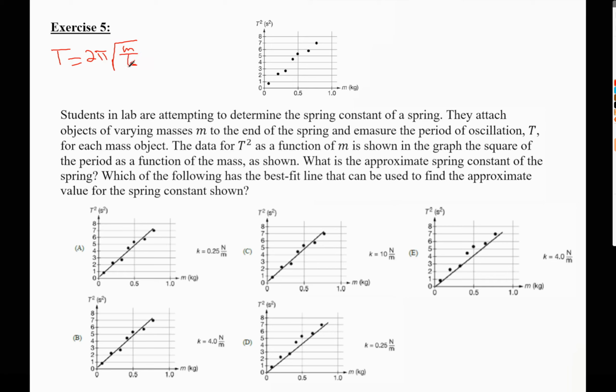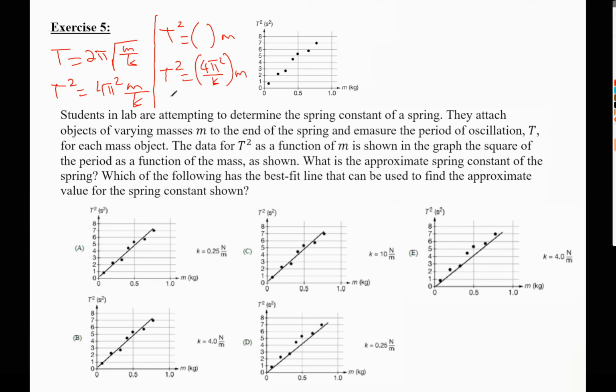Then let's convert the format of this equality into the form of T squared as a function of m. So T squared would be 4 pi squared m over k, and this process is known as linearization. Now T squared can be written as some number multiplied by m, which is basically T squared is 4 pi squared divided by k multiplied by m.